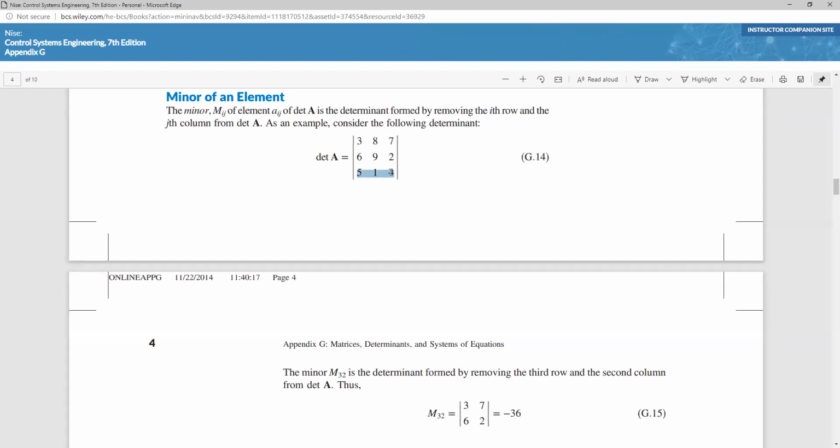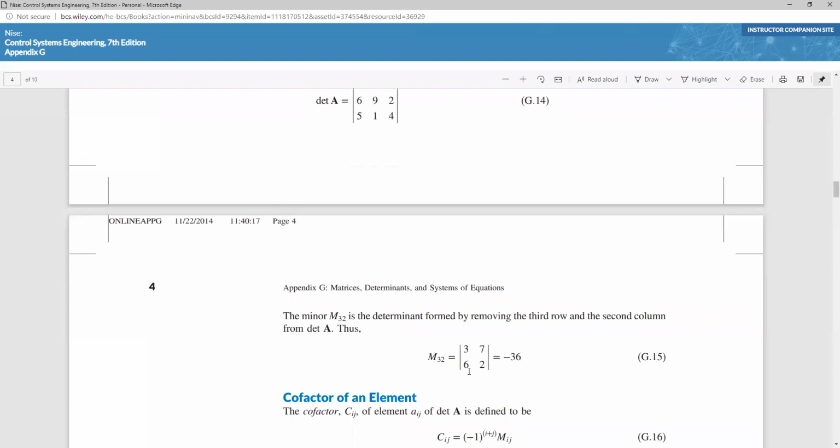Third row 5 1 4, and remove the second column, which leaves 3 7 6 2. Now 3 into 2 is 6, 6 into 7 is 42. The cross multiplication.